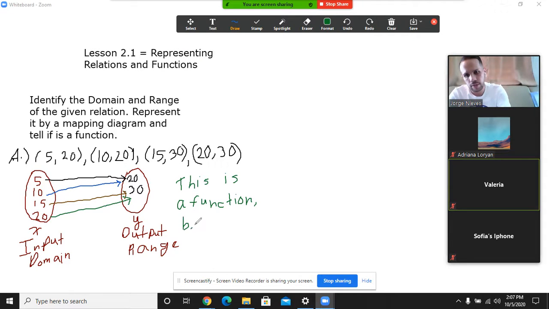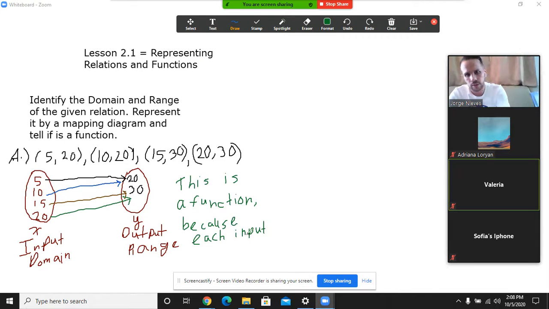This is a function because each input is related with exactly one output.